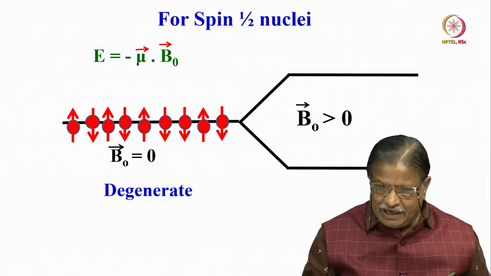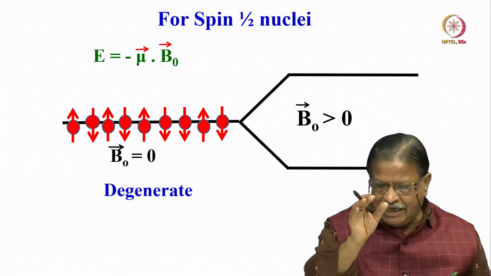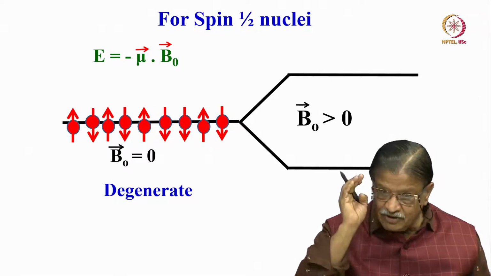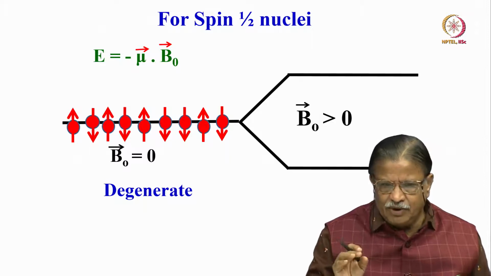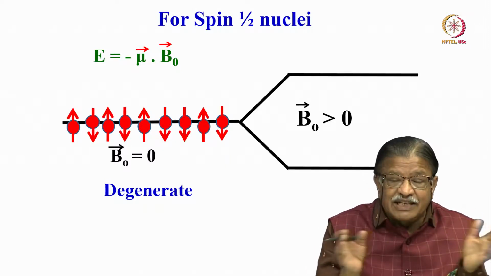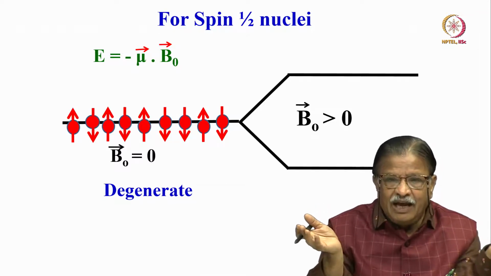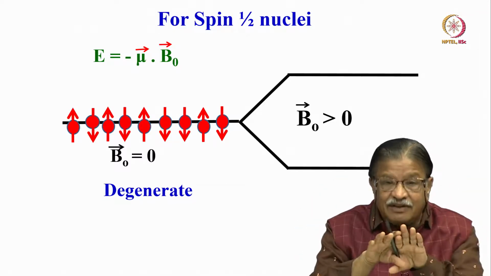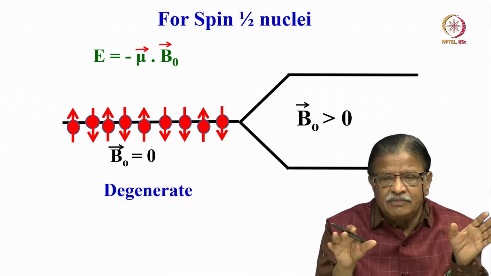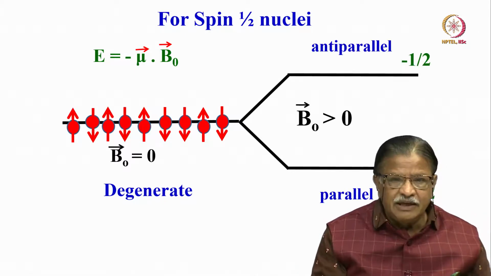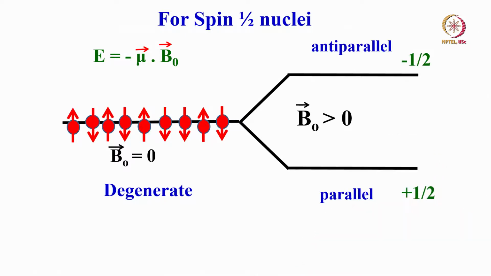The moment you put it in a static magnetic field, which is non-zero, as I told you, there is a separation of energy levels, because the spins orienting along the direction of the magnetic field and opposite to the direction of the magnetic field get separated out. The energy levels get separated out. This is called removal of degeneracy.